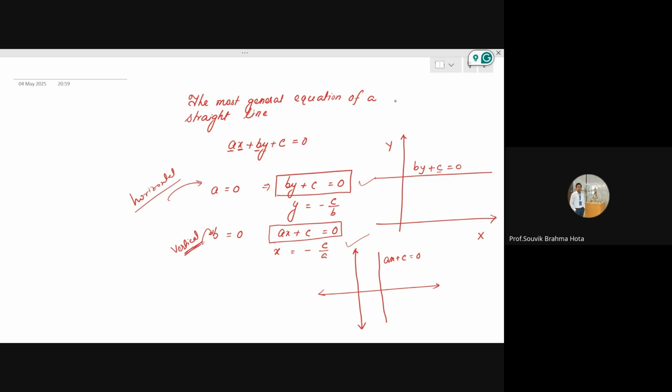Also, the equation of a vertical line cannot be written in the form y is equal to mx plus c.